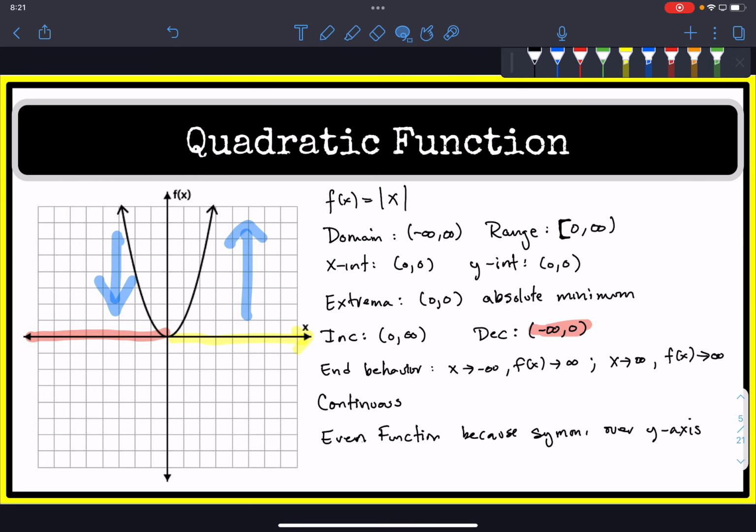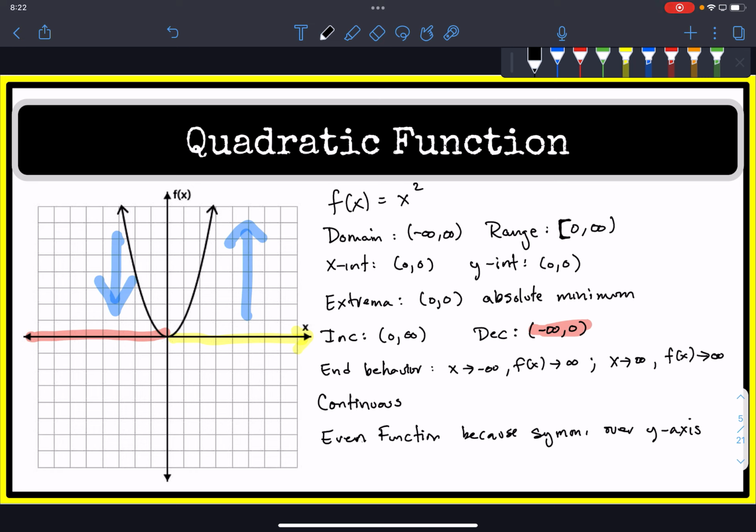With the only exception, of course, is the rule. The function rule for this one, the parent function for all quadratics, is f of x is equal to x to the second power. But everything is essentially the exact same thing. It has the exact same characteristics as the absolute value function. The only difference is that it looks like a u instead of a v.